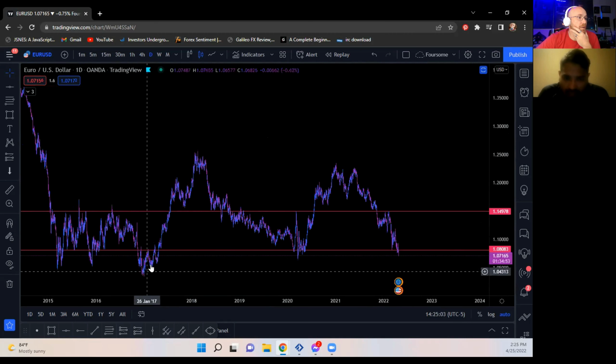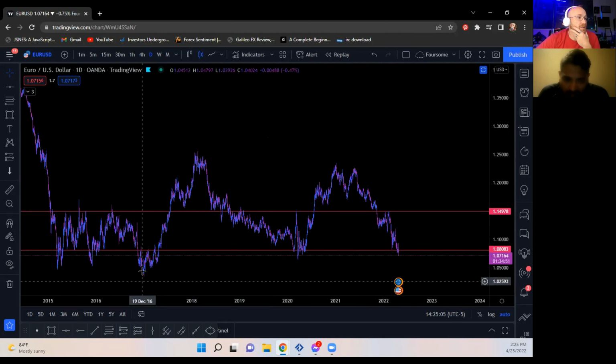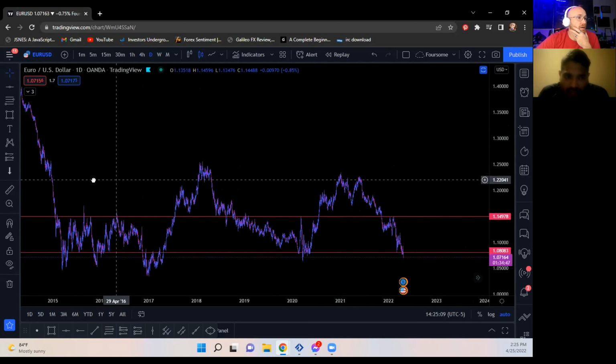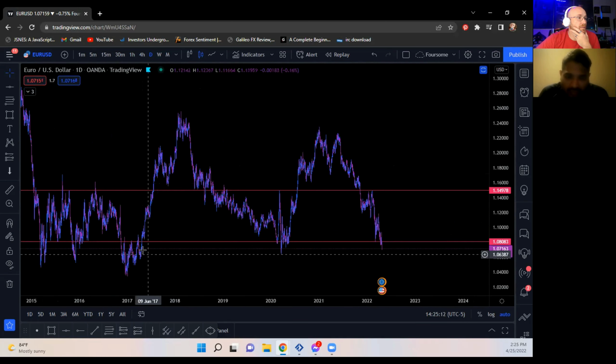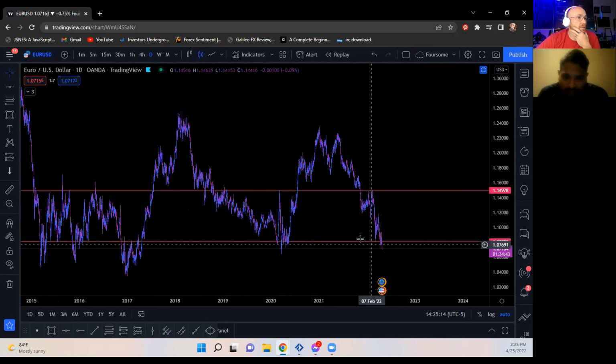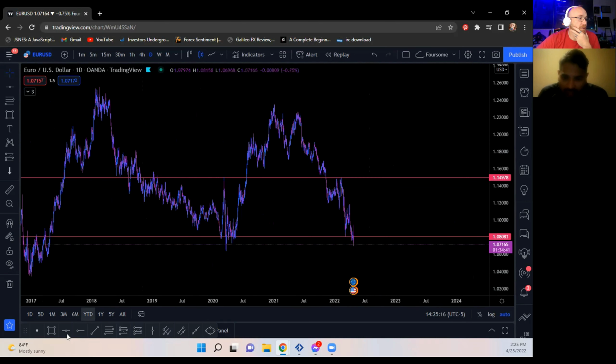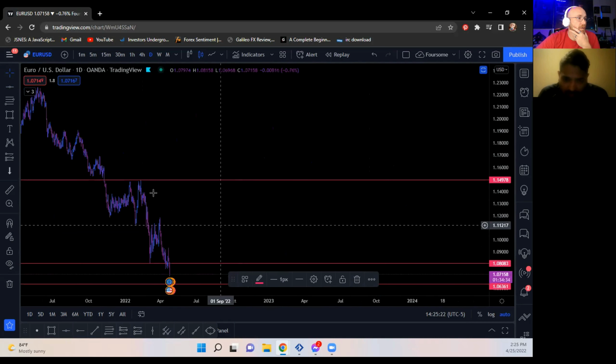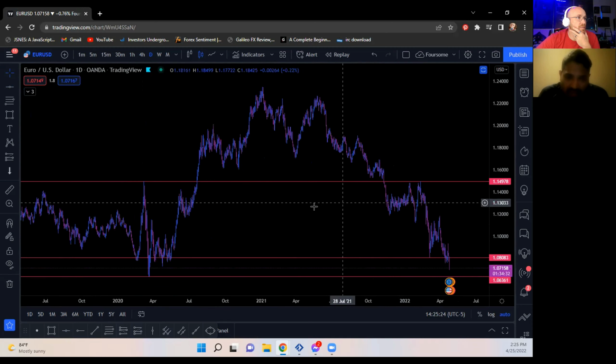We could continue back down into this level here. But we're kind of at a key pivot point here. This is a key point right here. You see that? You agree with that? Yeah. So we're between these 2 points here.